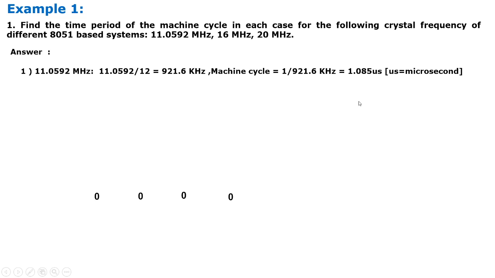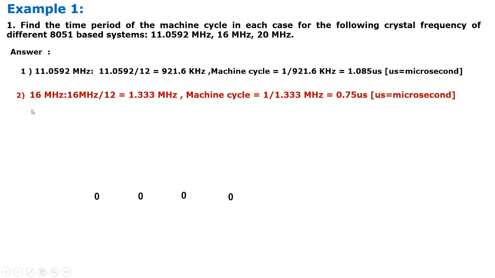Let us take the first crystal frequency and divide it by 12, which gives us 921.6 kHz. The machine cycle will be 1 over that frequency, that is 1.085 microsecond for this crystal.